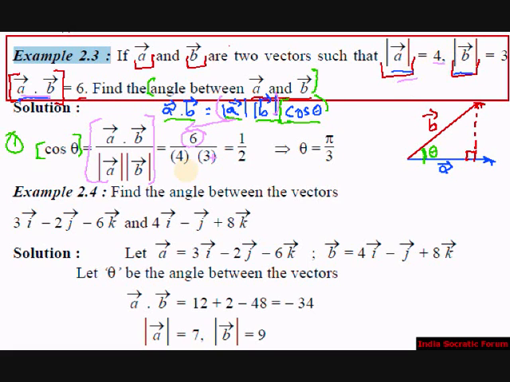Modulus of A vector is 4. Modulus of B vector is 3. So 6 by 12, that is equal to 1 by 2. Okay, this implies cos theta equal to 1 by 2. Hence, from the values, theta is equal to pi by 3, that is 60 degrees.